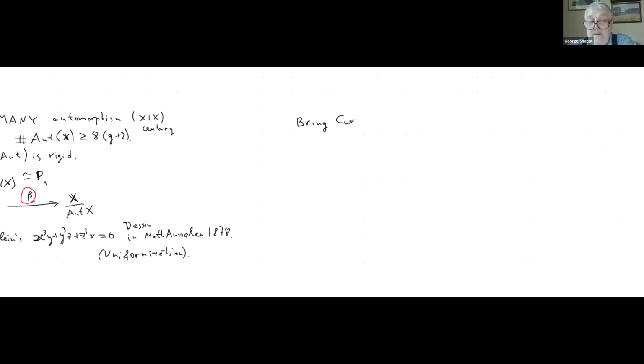So it lives in P4 and is given by a system of equations, say x to j plus y to j plus z to j. We need 5 letters, while j, excuse me, is 1, 2, 3.